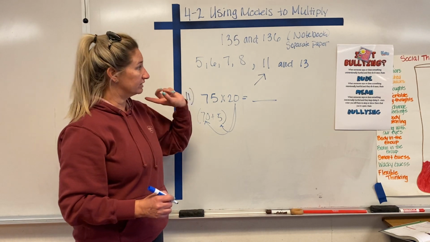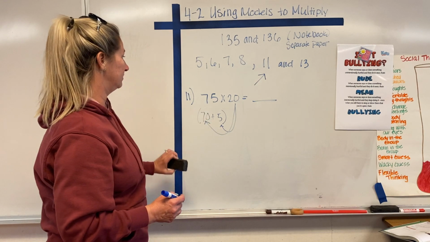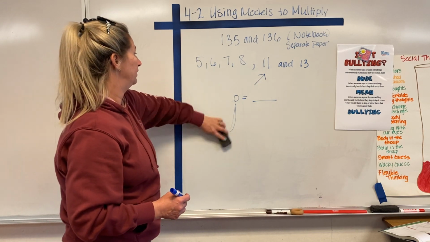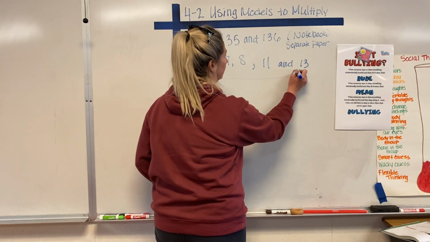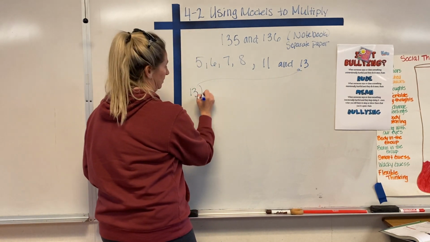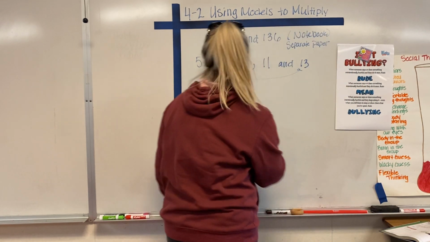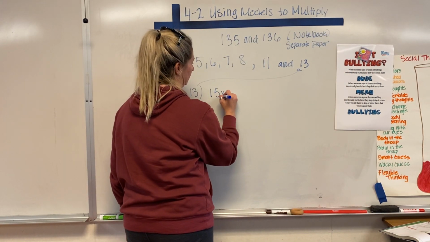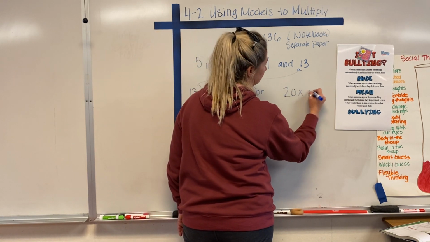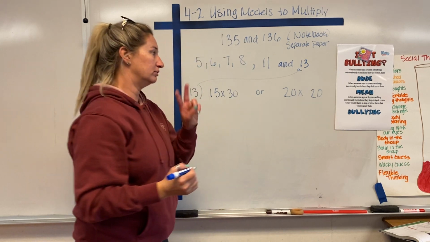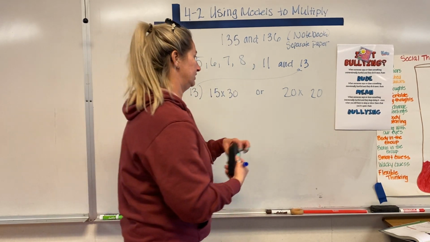And then for number 13, I'm going to erase that. Okay, so for number 13, it says, which is greater, 15 times 30 or 22 times 20? Oh no, it's not 20 times 20, it's 22 times 20.